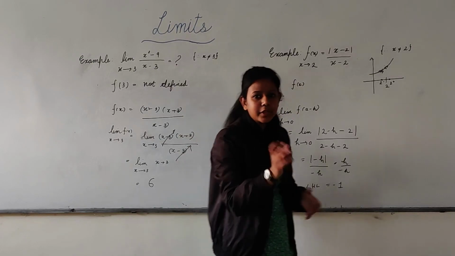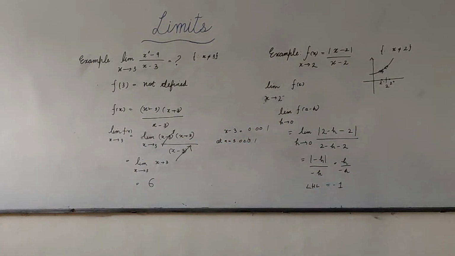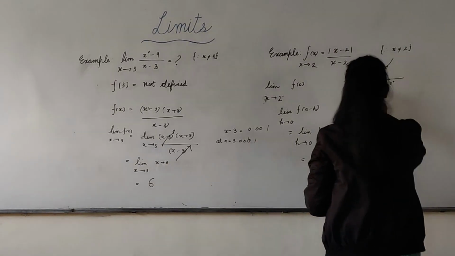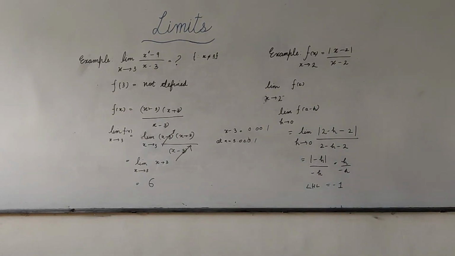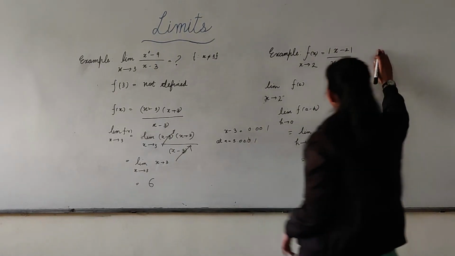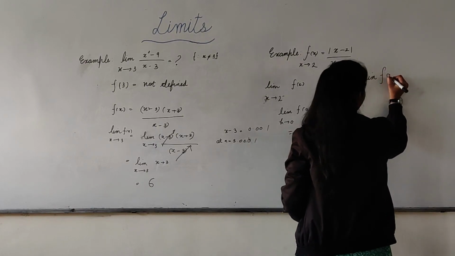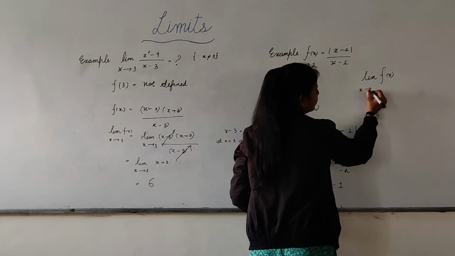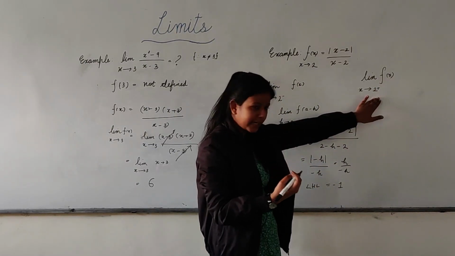Now we calculate the value of RHL. For RHL we have limit f(x), x approaches 2 plus. Now we are approaching the function from the right hand side.